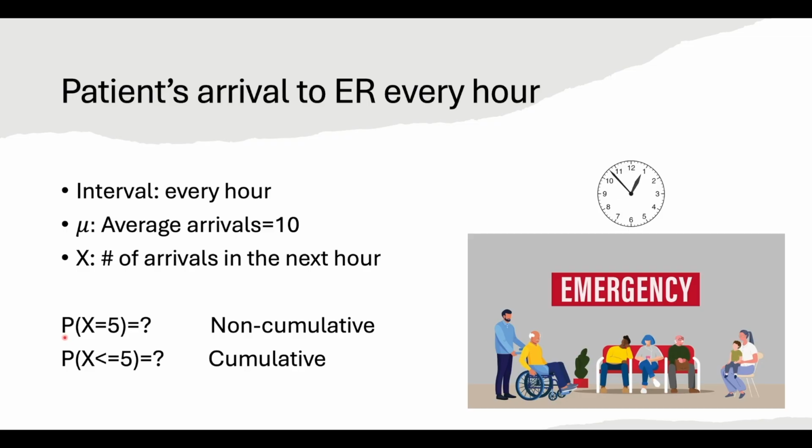We can find any type of probability, such as the probability of receiving 5 patients into the ER, which is a non-cumulative probability as we discussed in binomial distribution, or we can find the probability that less than 5 patients come to the ER in the next hour, which is basically a cumulative probability.